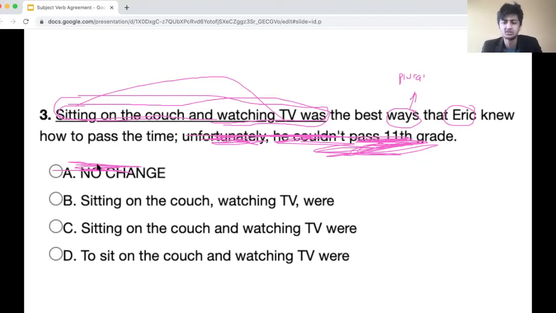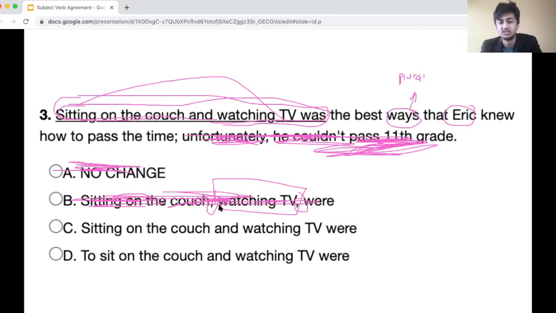Once again, we're going to mention this, but this is actually going to cause a sentence fragment. This on its own doesn't make any sense. Sitting on the couch, watching TV. You need another list to create parallelism. This is all advanced topics, but this won't make grammatical sense.